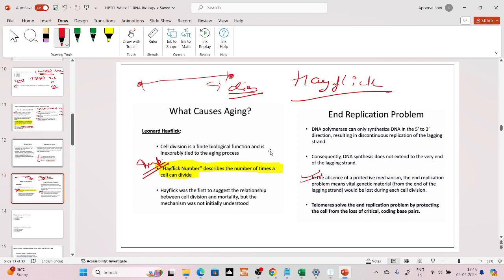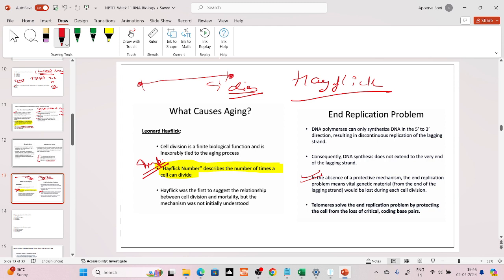Now we talked about the end replication problem. What is it? The end portions of the lagging strand of the DNA are not completely replicated, and therefore with each round of cell division the chromosomes get shortened and shortened.